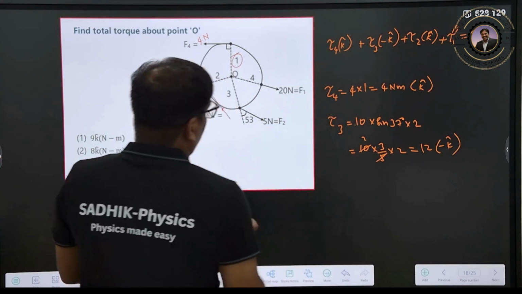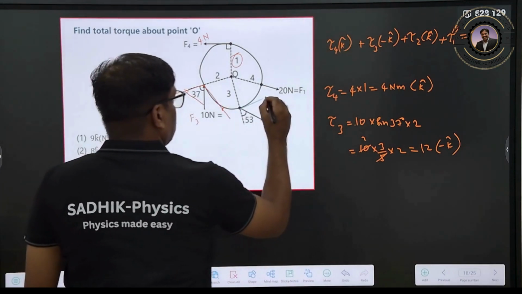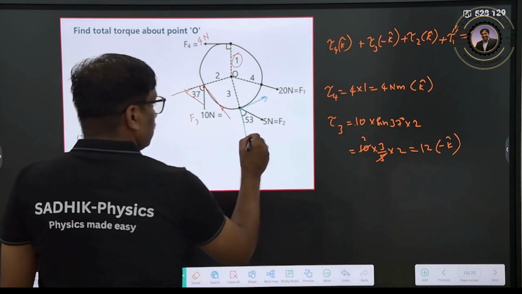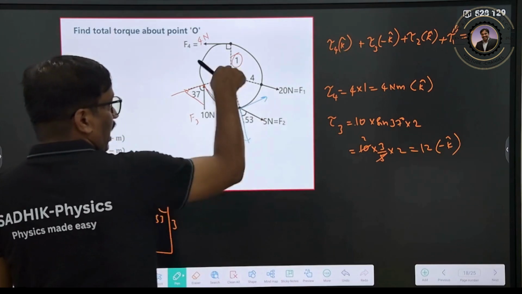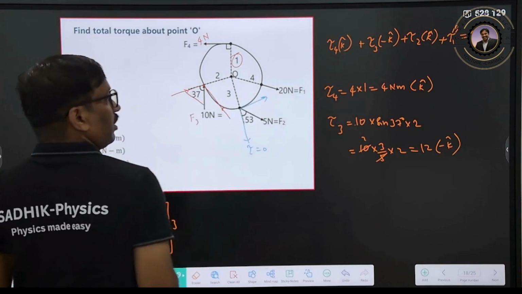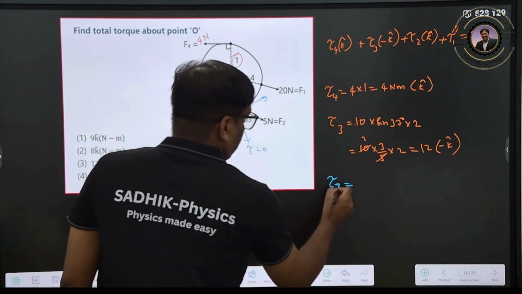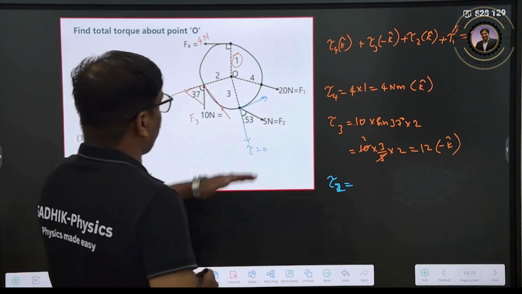Now, for F2, we can split this. Here this is one force, and this is another force, but this force is acting along this line, so the torque will be equal to 0. Only this one will create the torque. Torque due to the second one: force is how much?